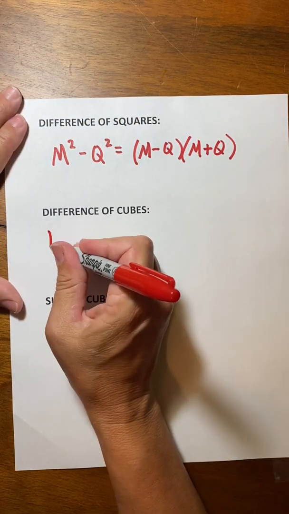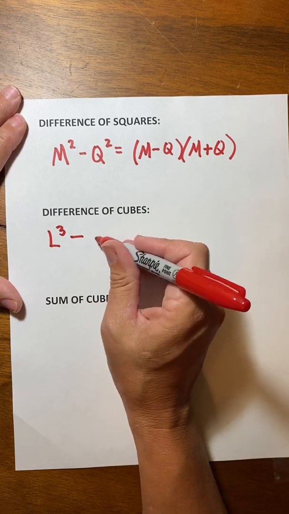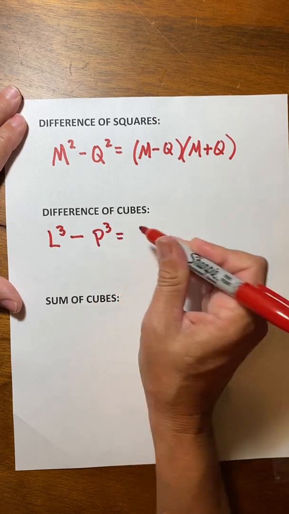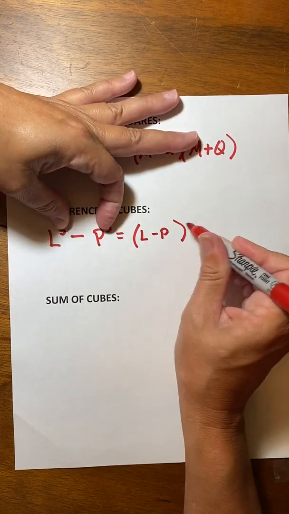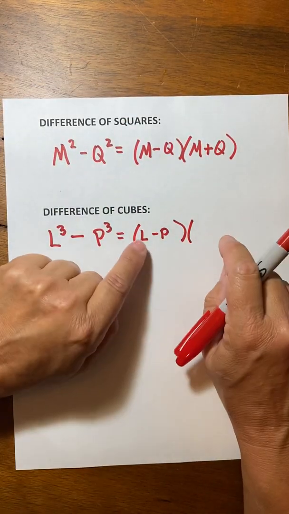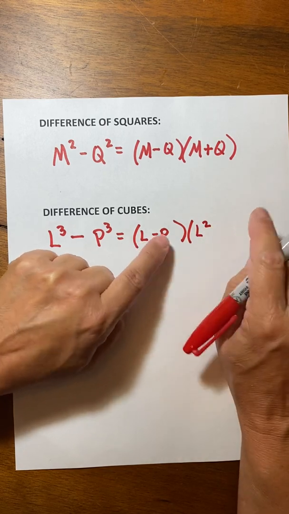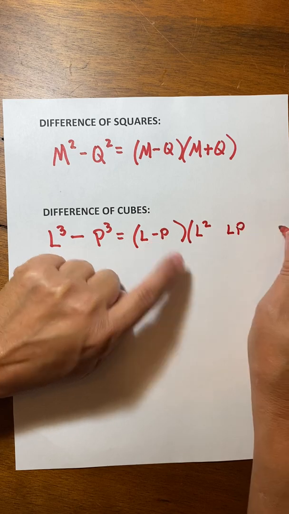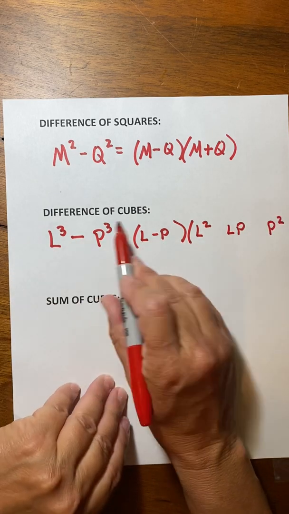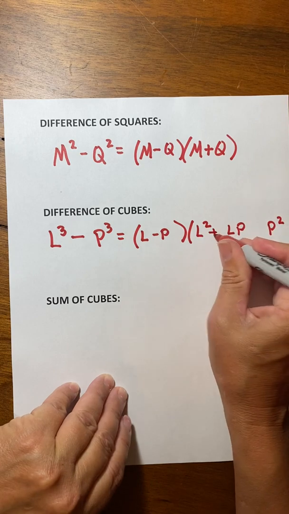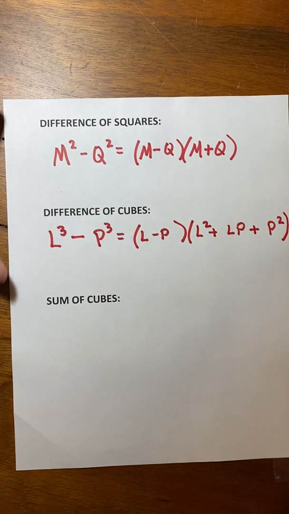Difference of cubes, L cubed minus, I'm running out of letters, P cubed: first factor is L minus P. What's going to go here is L times L, L squared. What's going to go in the middle is L times P. And what's going to go at the end is P times P. Same sign, switch it to the opposite sign. Always end with a positive in the difference and sum of cubes.